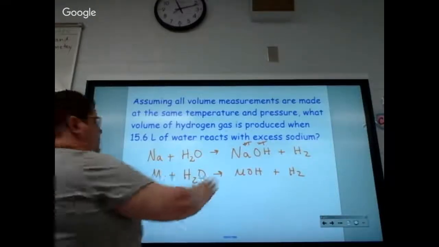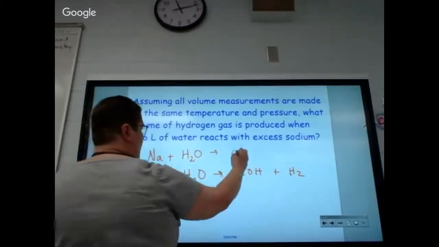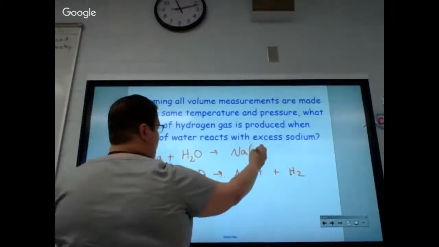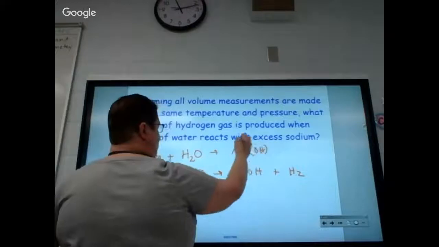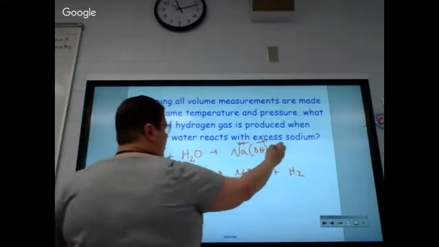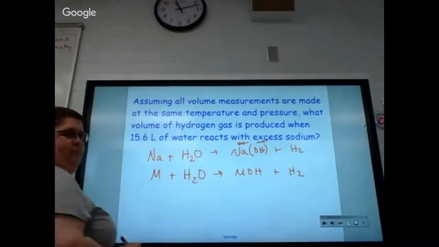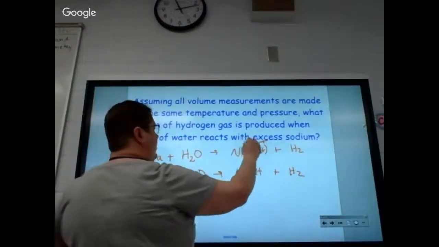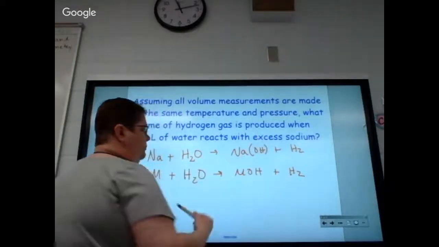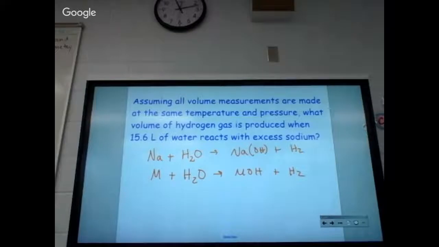Because M is Na, so I put Na where the M is, and then OH. That's a +1, that's a -1, so they cancel out, and then plus H2. All right, and then you need to balance, and then finish it. I'll give you a second to balance it, and then draw your chart.